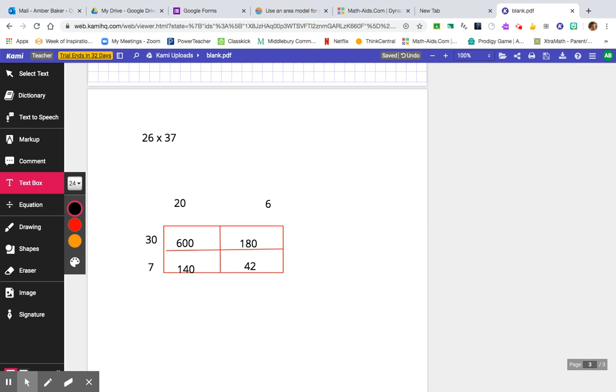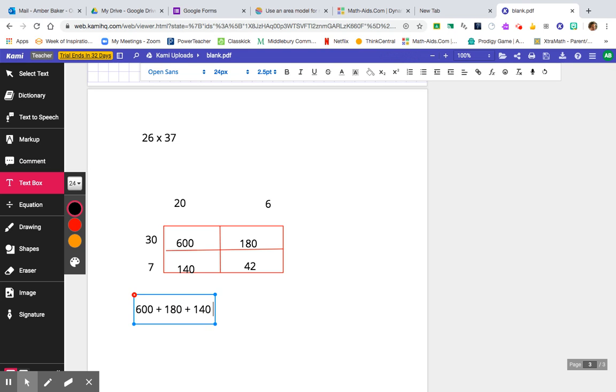Now to find the total area of the entire rectangle, I would simply add up all of my products, which would be 600 plus 180 plus 140 plus 42.